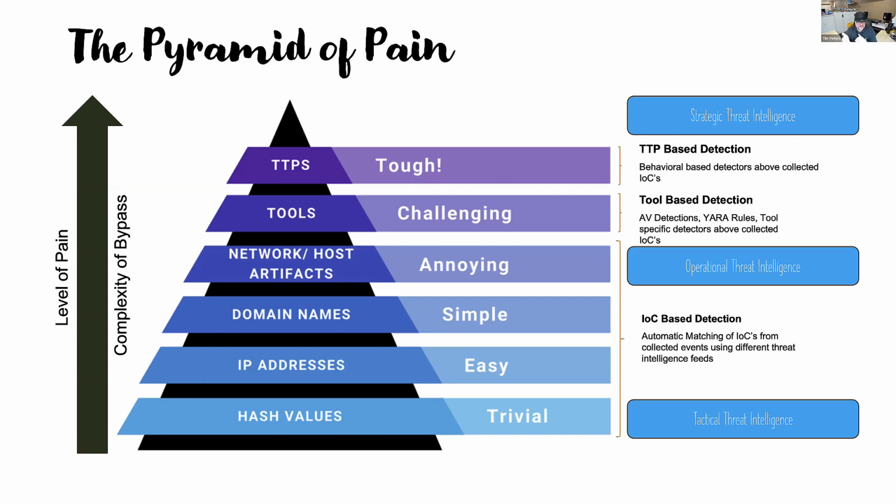Then we go into the operational threat intelligence, where we're looking at things that are a little bit tricky, your network artifacts, your tools. And then finally, at your strategic level, we're looking at the tactics, techniques, and procedures. And that's tough to work out, because sometimes they hide in plain sight.